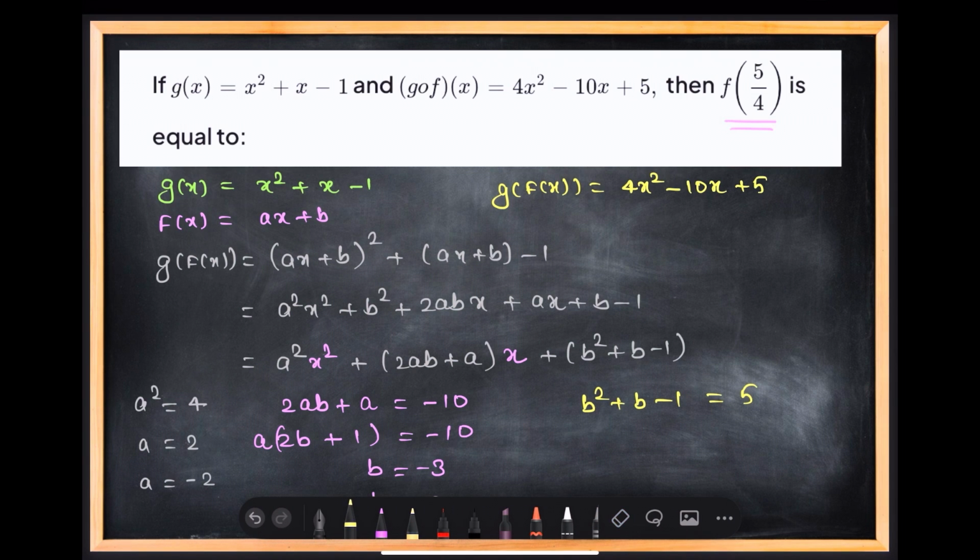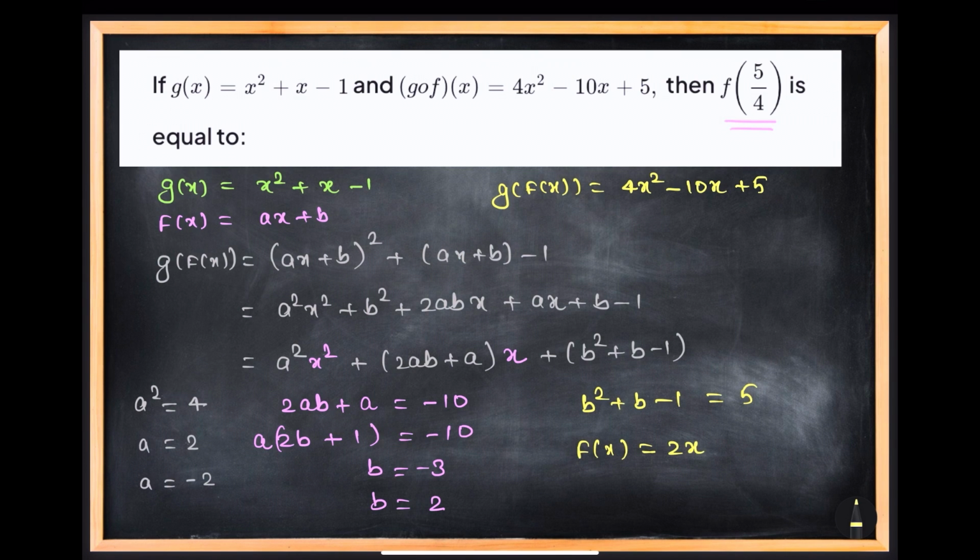So if b can take any value, we will have f of x. I'll take first: 2x minus 3, or we will have the second function f of x as minus 2x plus 2.